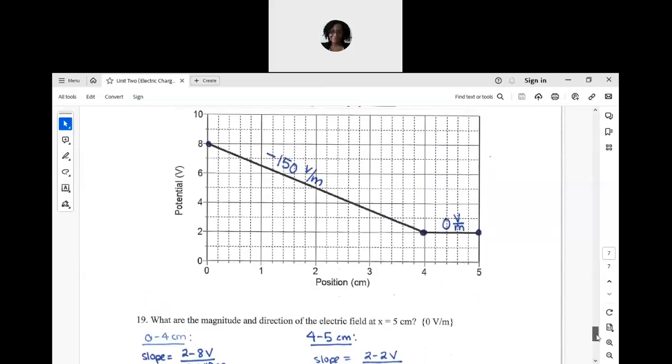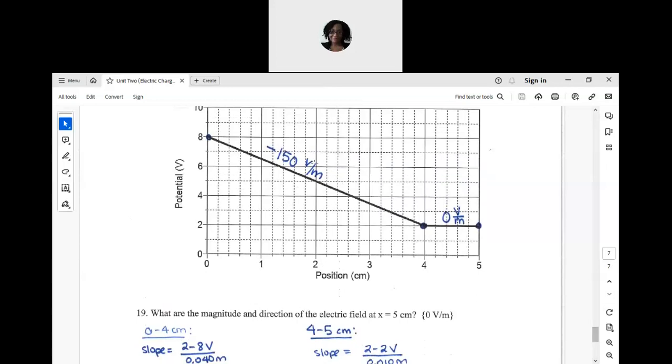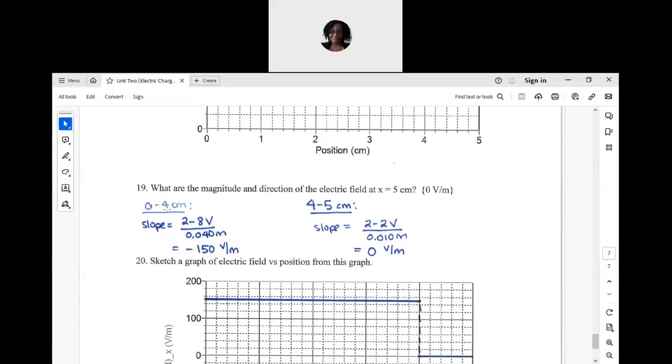So the first 4 centimeters I can group together, and I can use them to figure out what the slope of that line is. That's going to be negative 150 volts per meter. Again, where the run portion of this has already been converted into meters. So 2 minus 8 divided by 0.040 gives you negative 150.